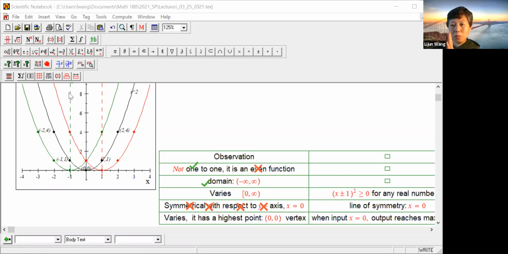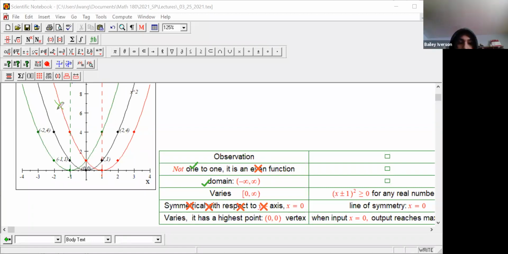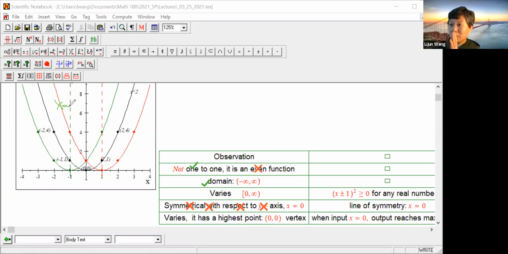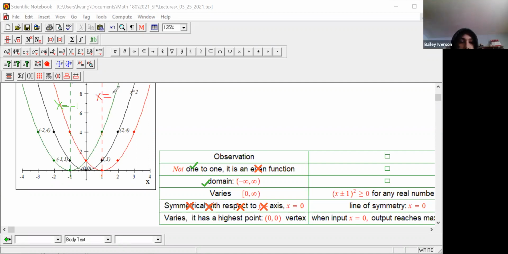So for the green, what is the line of symmetry? X equals -1. Very good. How about the red? X equals 1. Perfect answer.